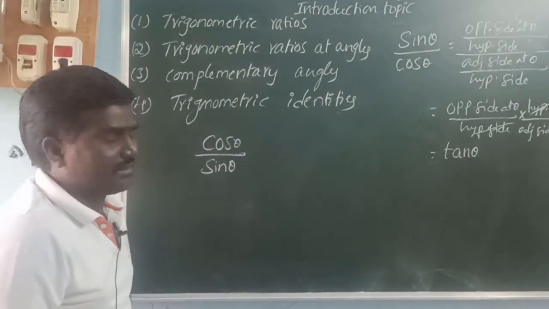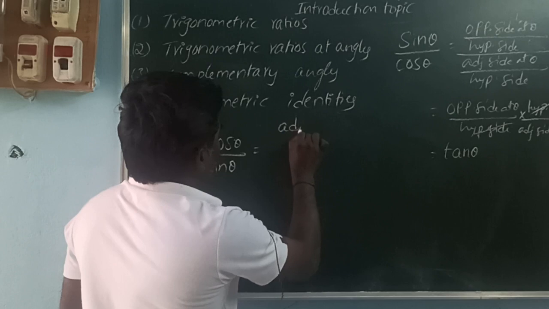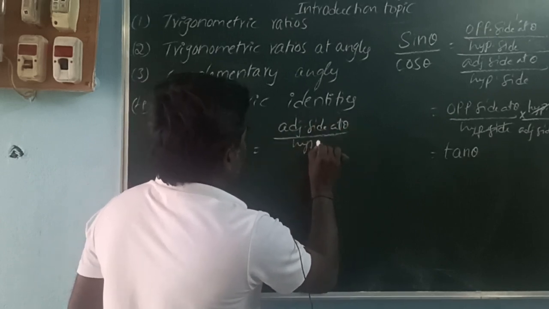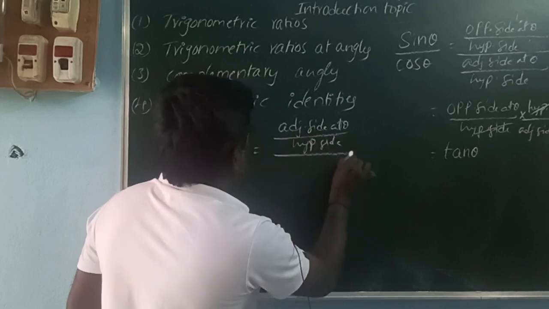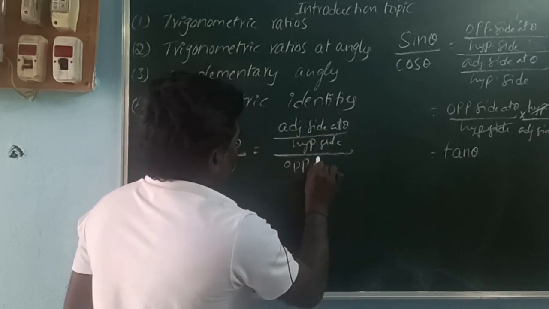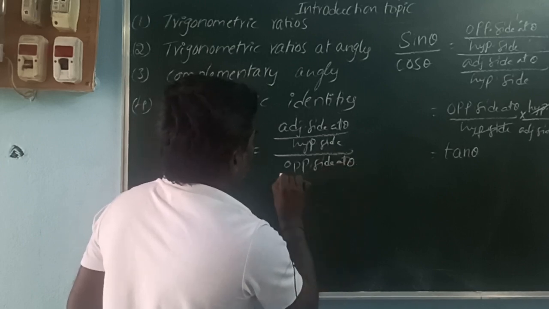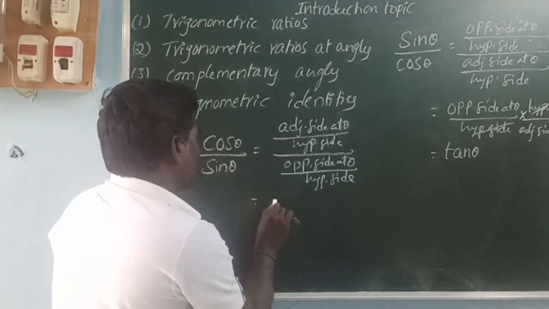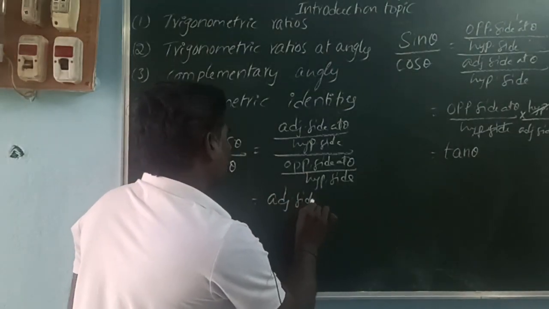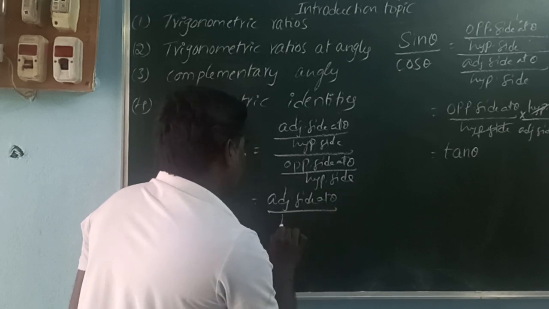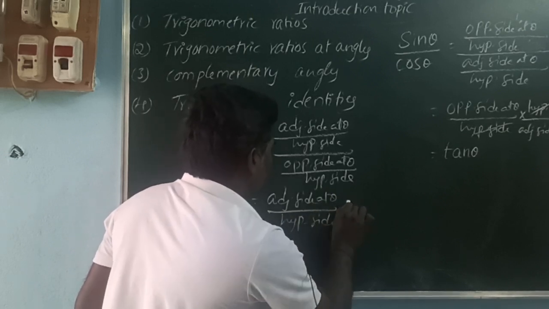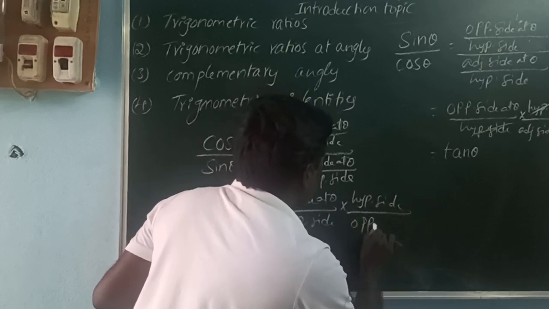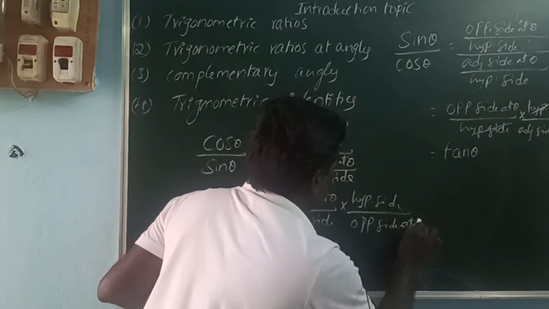Same, cos theta by sin theta. Cos theta is adjacent side at theta by hypotenuse side, by sin theta, opposite side at theta by hypotenuse side. The denominator fraction becomes reciprocal, that is adjacent side at theta by hypotenuse side into hypotenuse side by opposite side at theta.